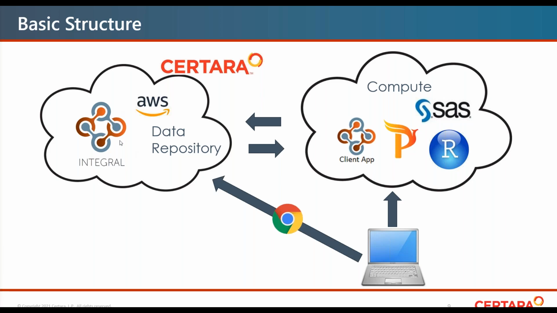You could also do the same using the Chrome web browser, which is another way of accessing the Integral data repository. All of this allows the user to perform an analysis through Phoenix and save that analysis and its results to Integral where they can be securely stored.